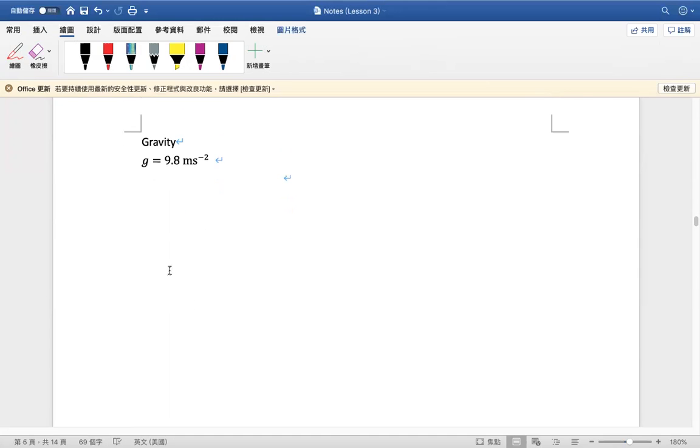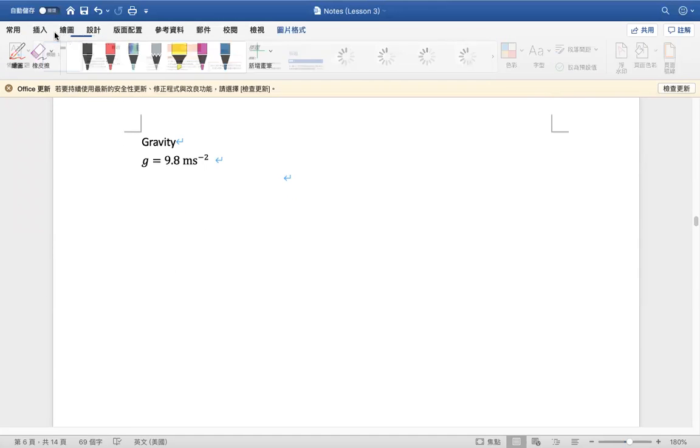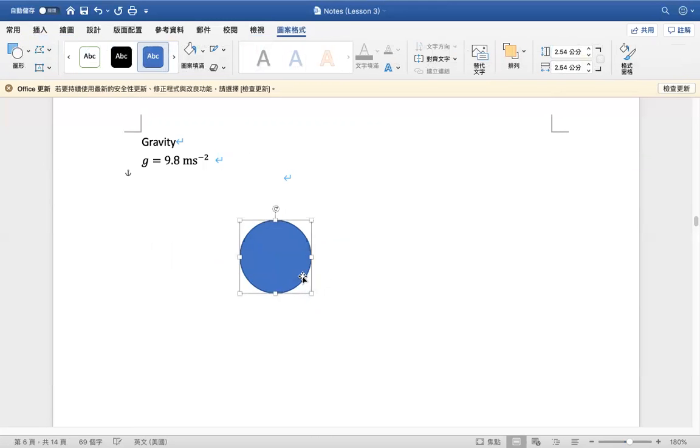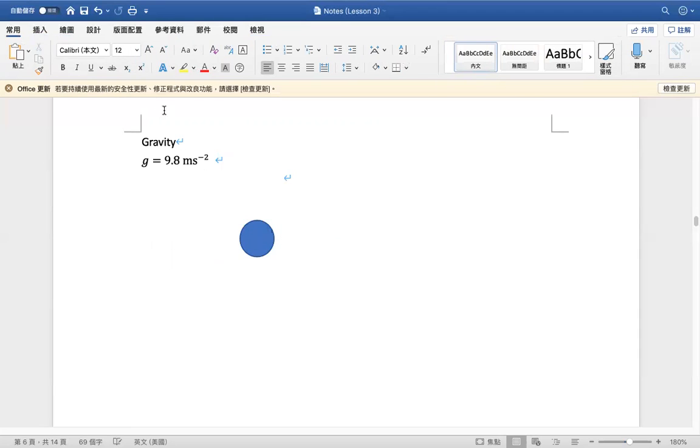So the idea is like this. Let's say you have a particle here. This is our particle. If the particle is under gravity, then it would experience a force, right?